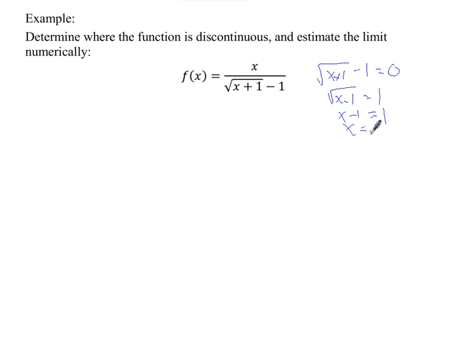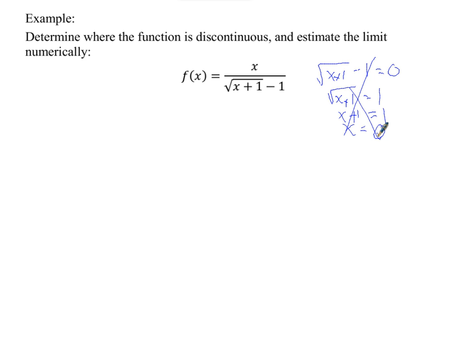Oh wait, I changed what sign? Oh, that's a plus. Plus, plus. Okay, equals 0. Yep, that's a plus. So it does work out to 0. Anyway, you get x can be equal to 0. So that means we want to evaluate the limit as x approaches 0.